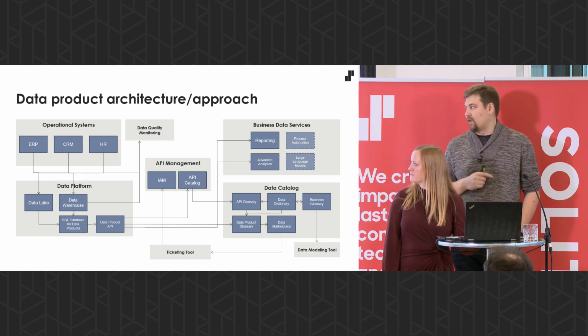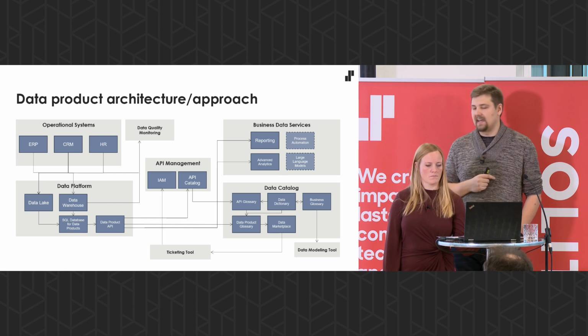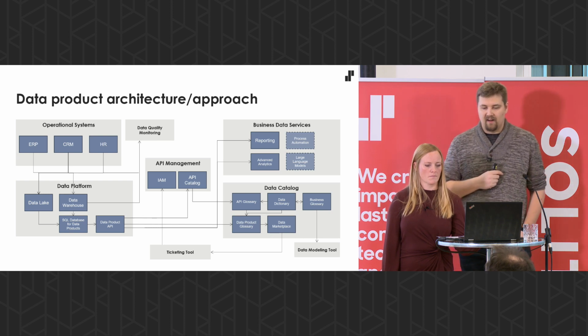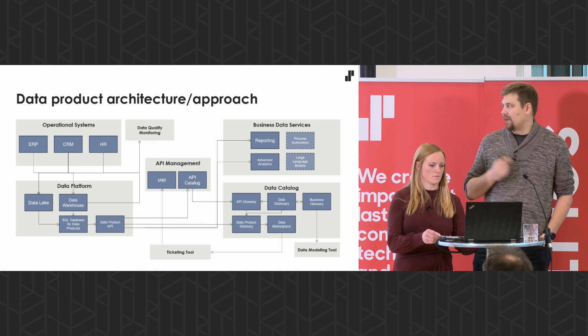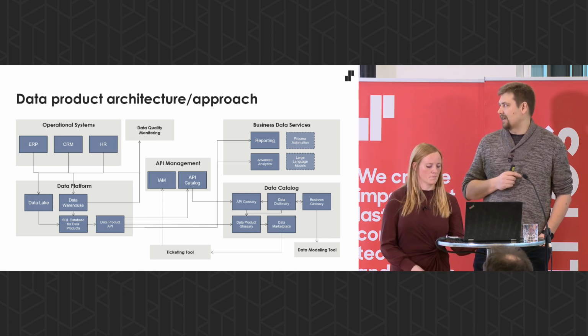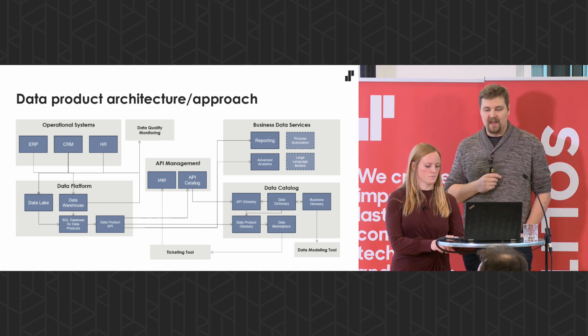And then from the data product API, the data products can be utilized by these business data services, be it reporting, advanced analytics, or something else. And then there are some other metadata related tools, data quality monitoring, for example. That is something that should definitely be connected to the catalog as well at some point so that we get the data quality metrics.